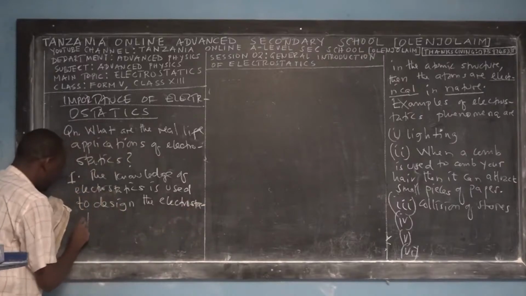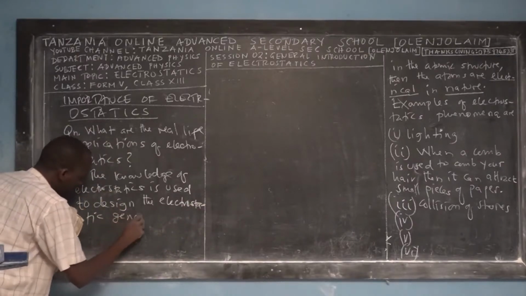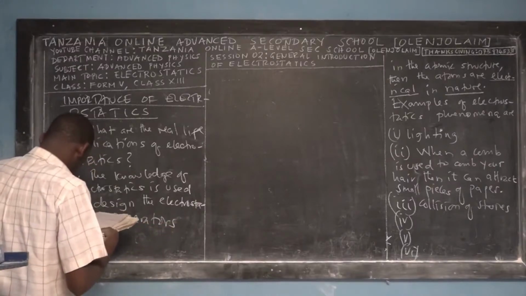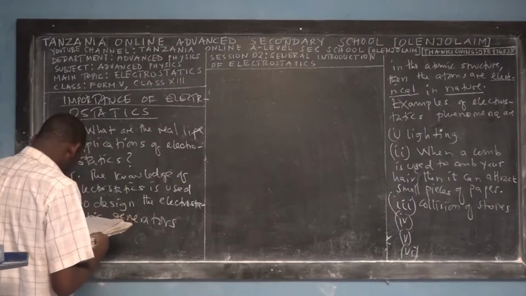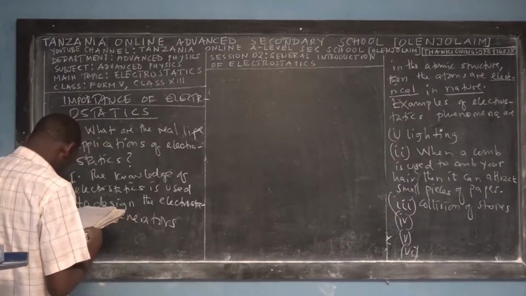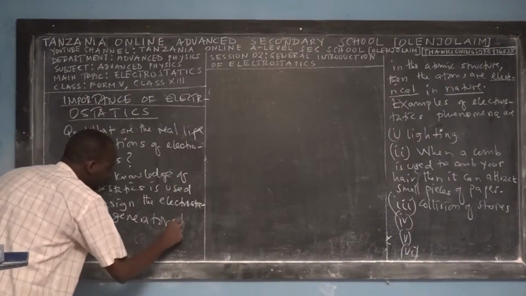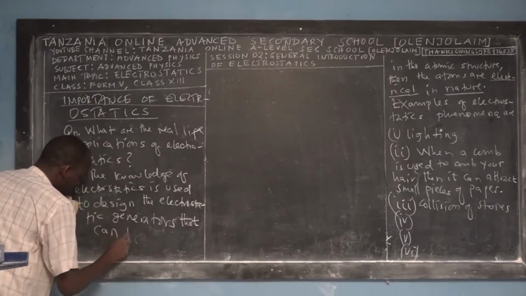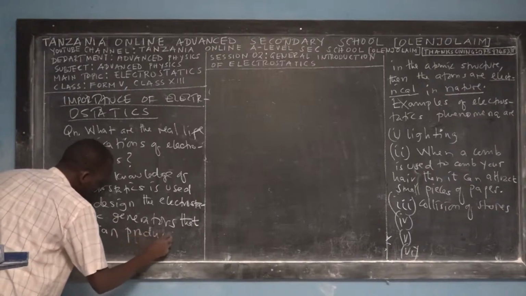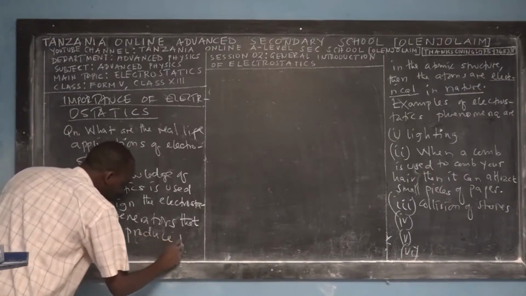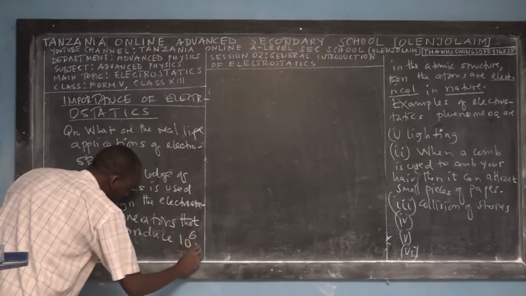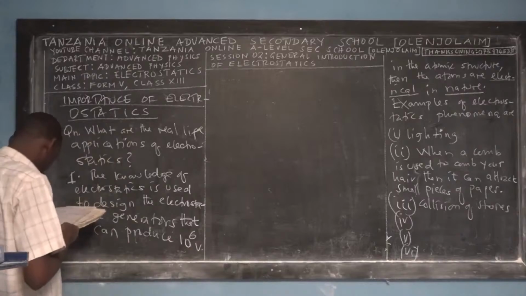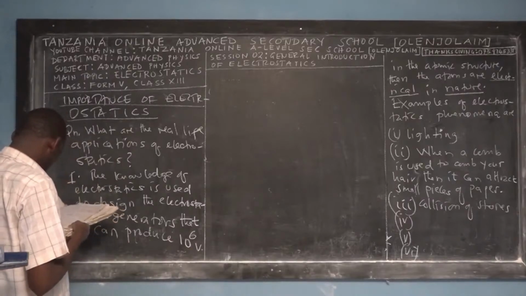Electrostatic generators can produce million volts, meaning 10 power 6 volts.